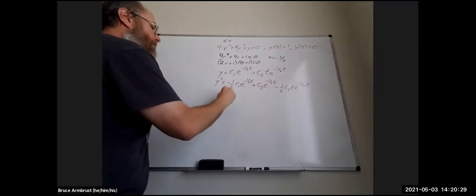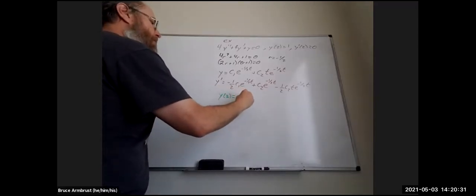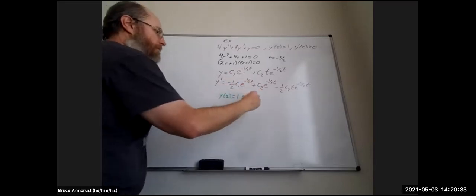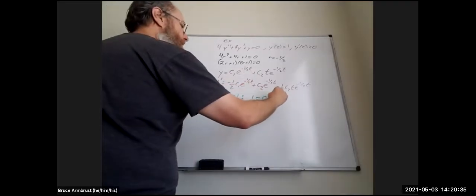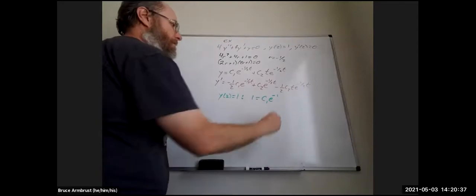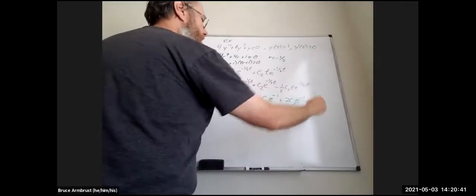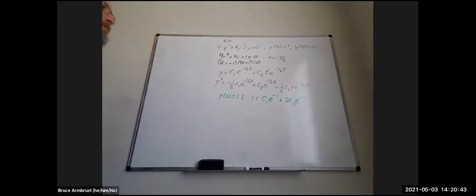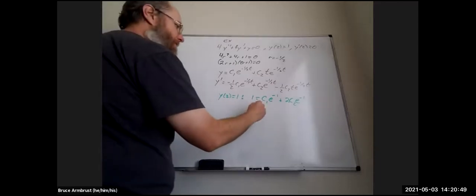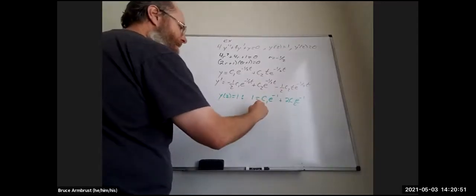The y of 2 equaling 1 gives us 1 equals c1 e to the minus 1 plus 2 c2 e to the minus 1. So I think this will be a little bit easier to see if we just multiply everything by e.